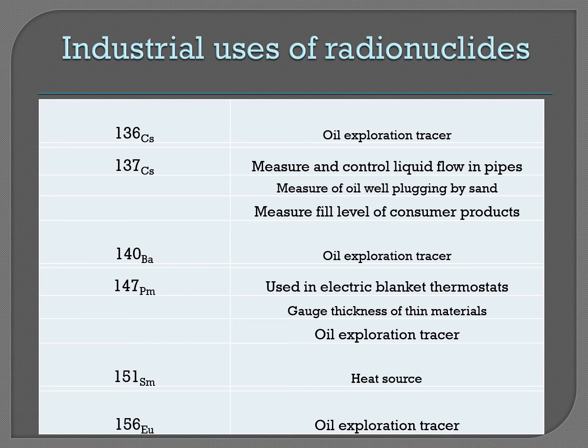So those sand particles sometimes clog the pipes. So CS137 is basically used to measure the oil well plugging by sand, and it is also used to measure the fill level of consumer products.